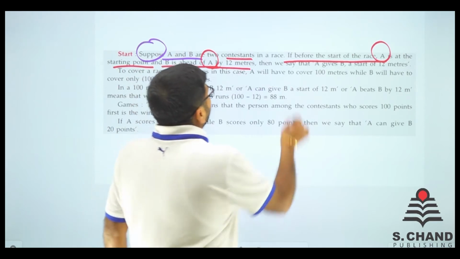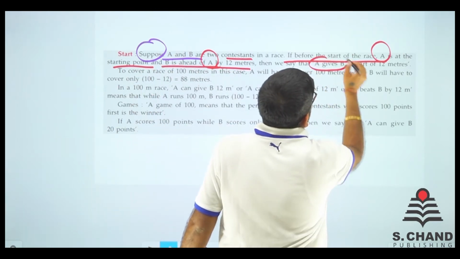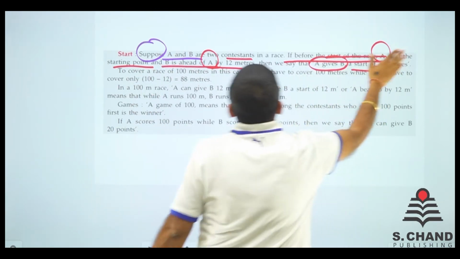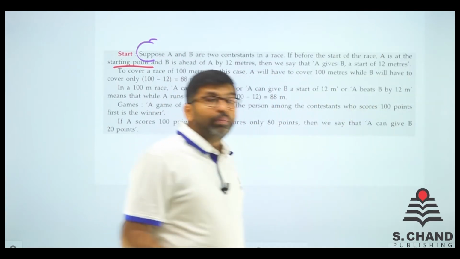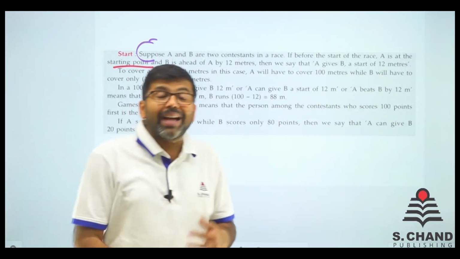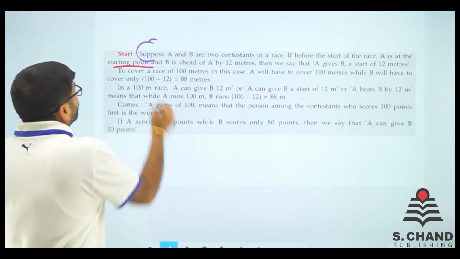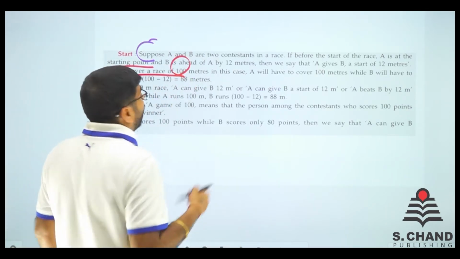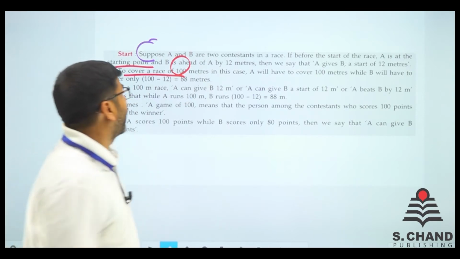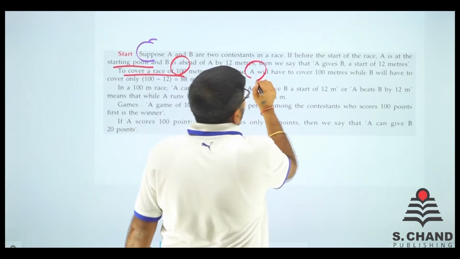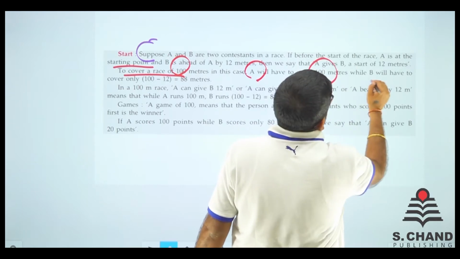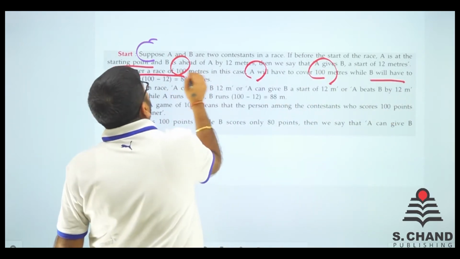Then we say that A gives B a start of 12 meters. यानी A ने B को 12 meters का start दिया है. So A has given B a start of 12 meters to cover a race of 100 meters. Now 100 meters की रेस को कवर करना है. A will have to cover 100 meters and B will have to cover only 88 meters.